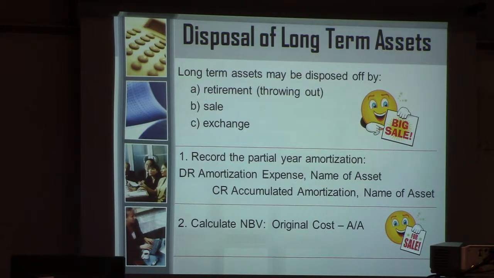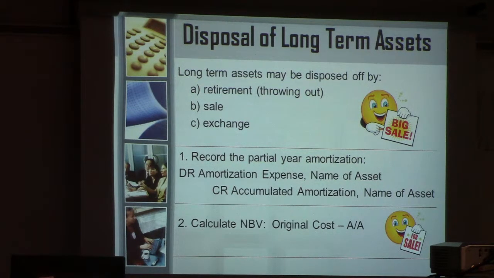You credit the asset amount, the purchase price of the asset, and you credit the gain on asset disposal because you had a gain. Remember, gain is revenue. However, if there was a loss, everything would be the same except that the gain would not appear. There would be a loss, and a loss would be a debit. Loss is like a negative revenue, right? So you would debit the loss.